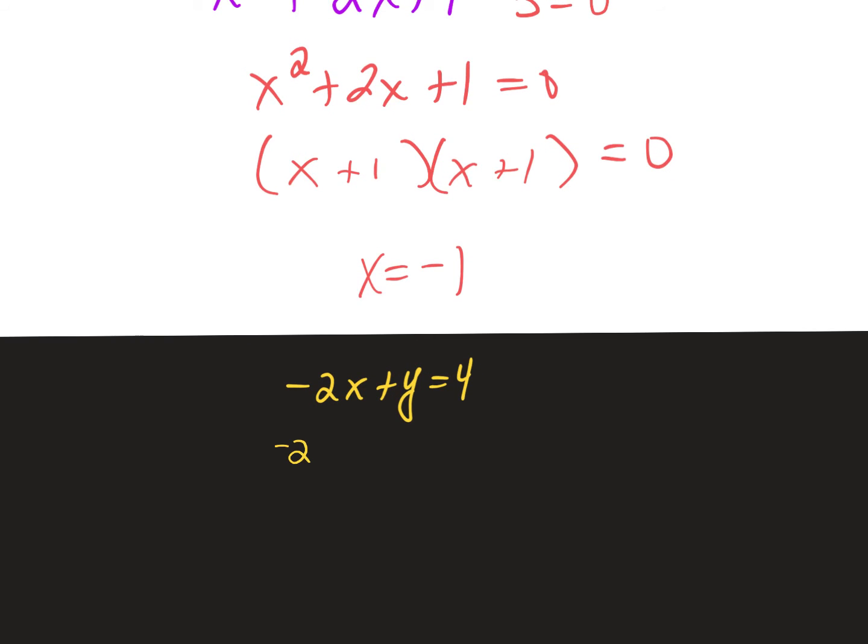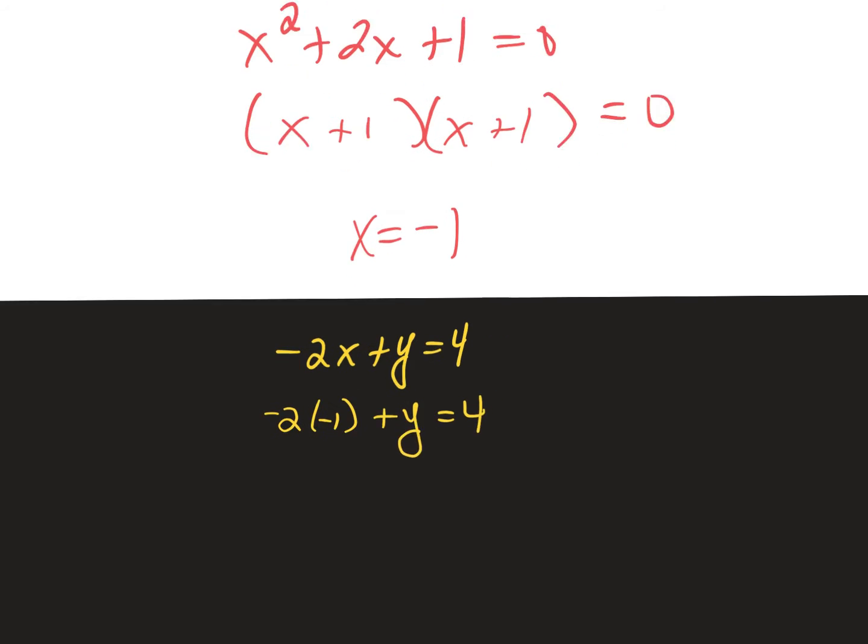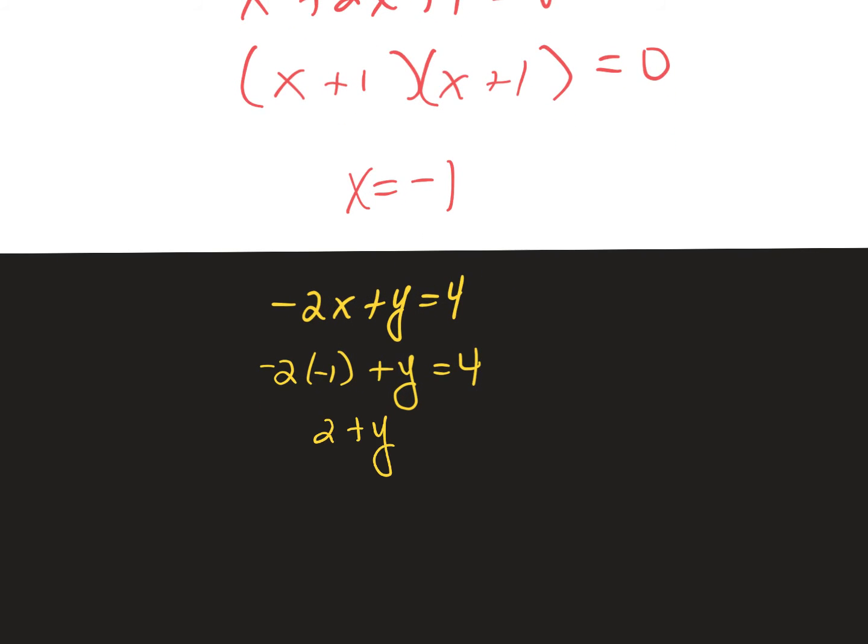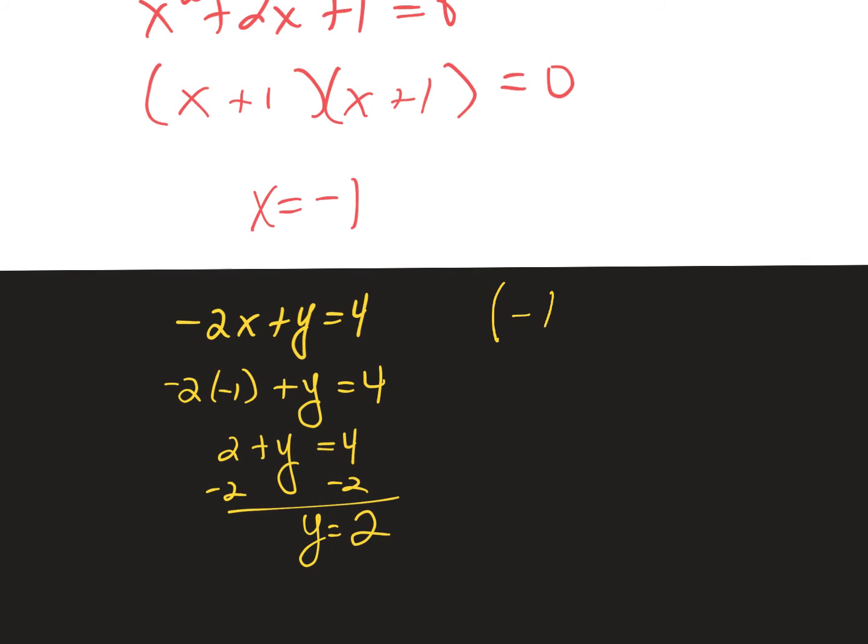So I have negative 2 times negative 1 plus y equals 4. 2 plus y equals 4. Minus 2 from both sides, and y equals how much? 2. So my ordered pair that satisfies these two equations is negative 1, 2.